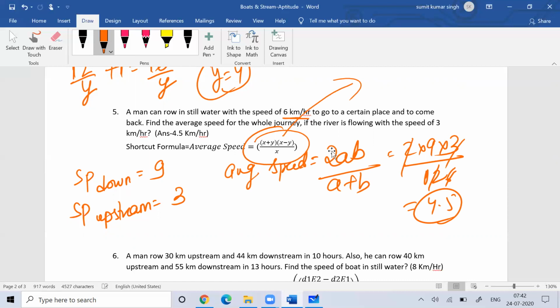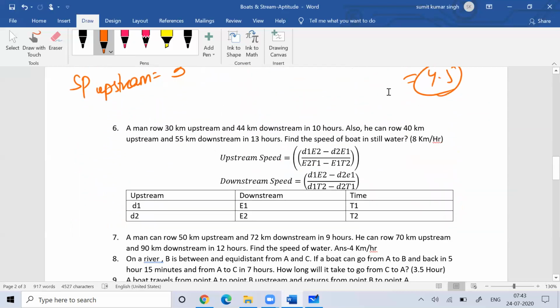Or you can apply the shortcut formula: 6 plus 3 into 6 minus 3, then divide by 6. This is 9 into 3 by 6, so you'll get the same answer. Like I already told you previously, if you want, you can use the shortcut formula and get the answer much faster.